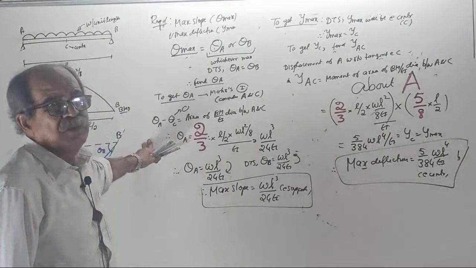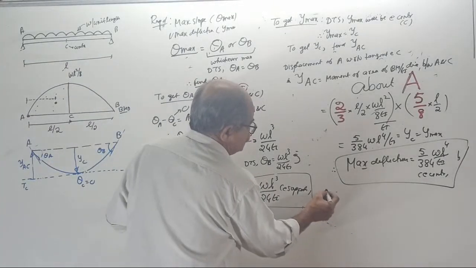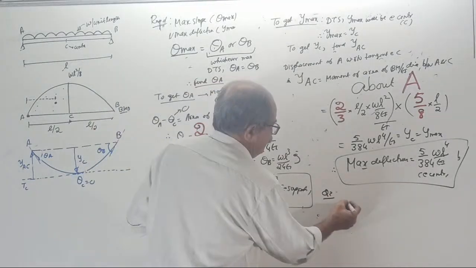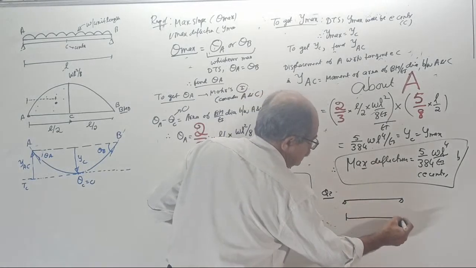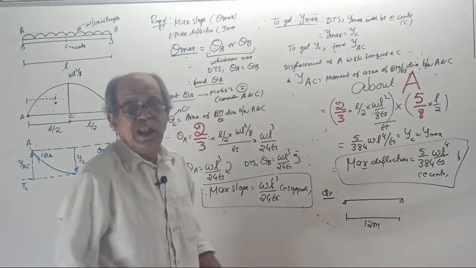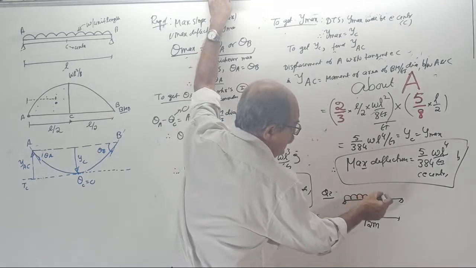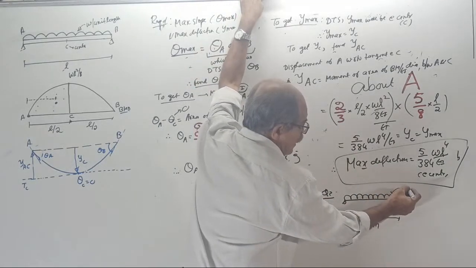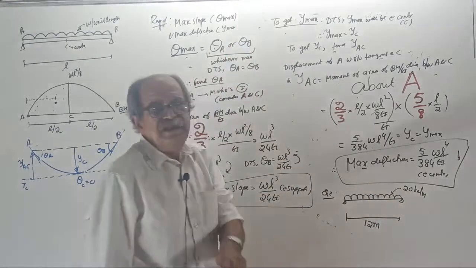I do not want to rub anything now. Second question, available space, I will write here. Question 2. A simply supported beam of span 12 meter is loaded by a UDL of intensity 20 kilonewton per meter over the entire span.